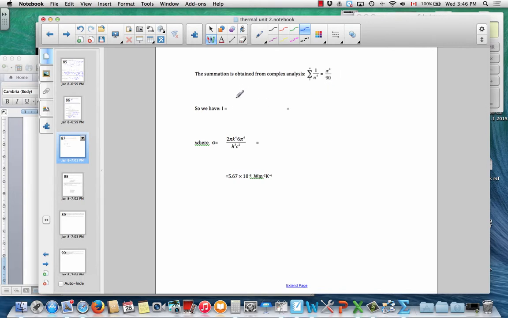So we now have, again, 2 pi k to the 4. We had a 6 in the summation, a pi to the 4 from the result of the summation over 90. And then we had h cubed and c squared.